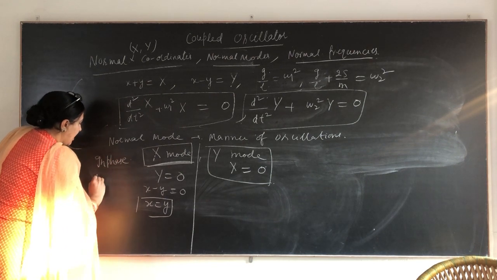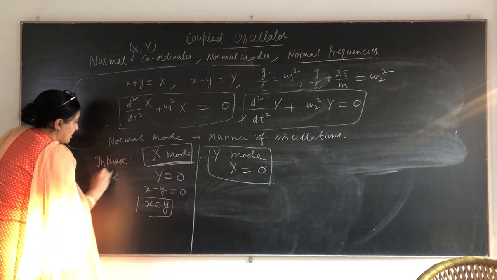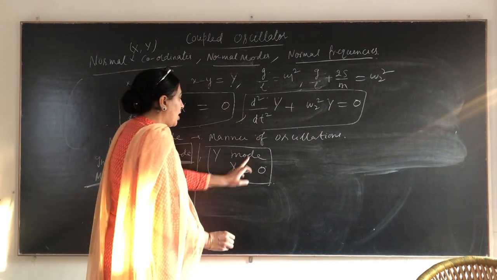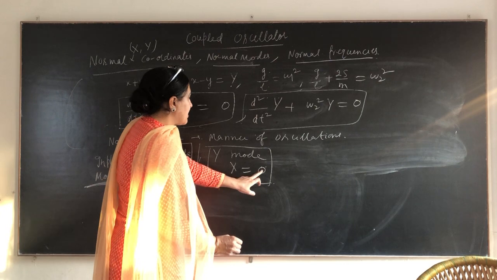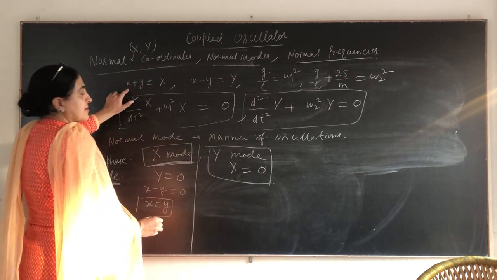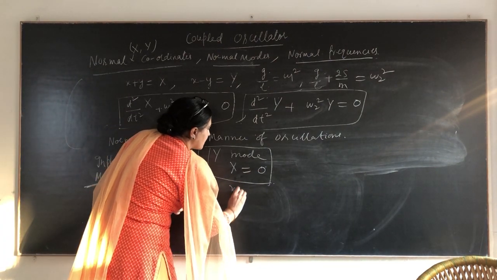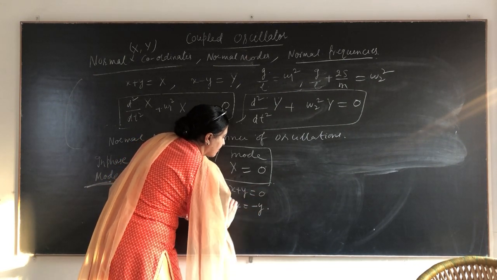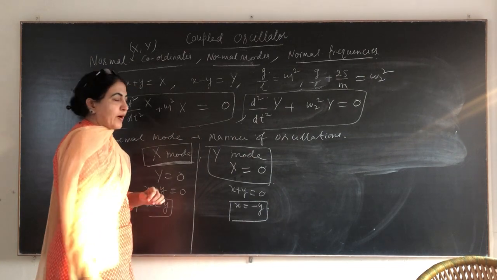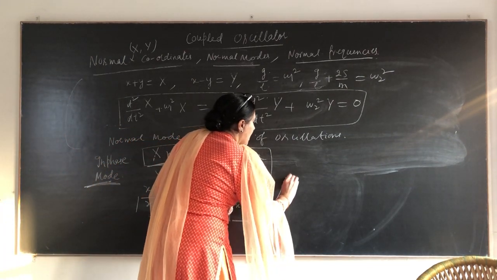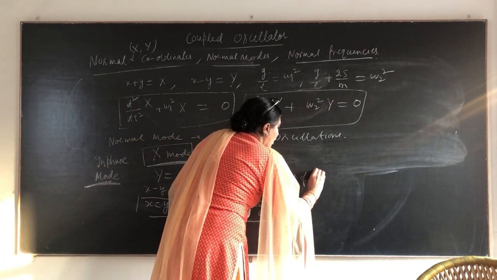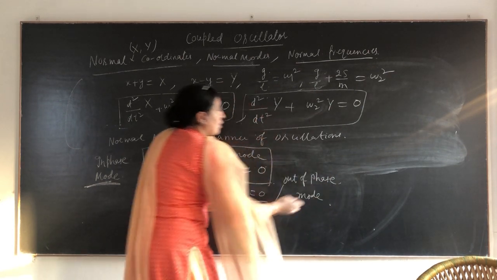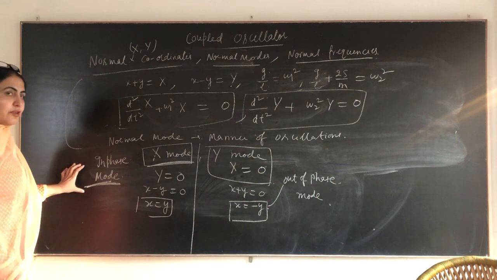And when the Y mode is present and the X mode is absent, capital X, that is equal to small x plus y, is equal to 0. So x is equal to minus y. This is called the out of phase mode.